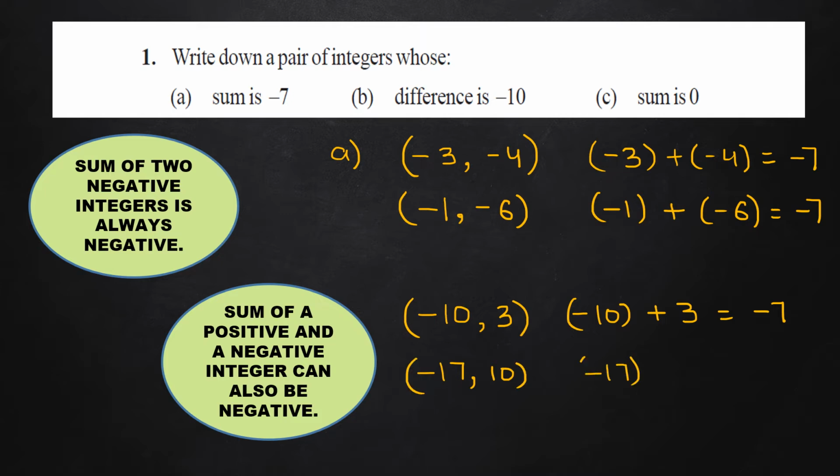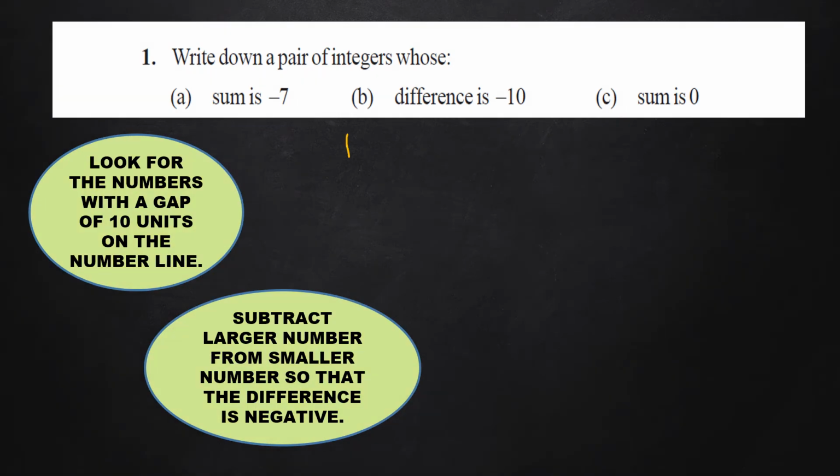Minus 17 plus 10 is also equal to minus 7. Notice that in this case, you'll find that the absolute value of the number with the negative sign will be larger. So this was the first question, A part, where we had to find out a pair of integers whose sum is minus 7.